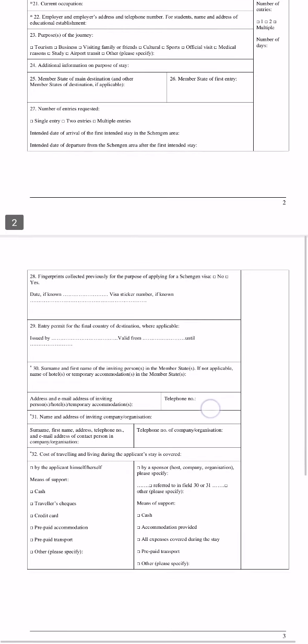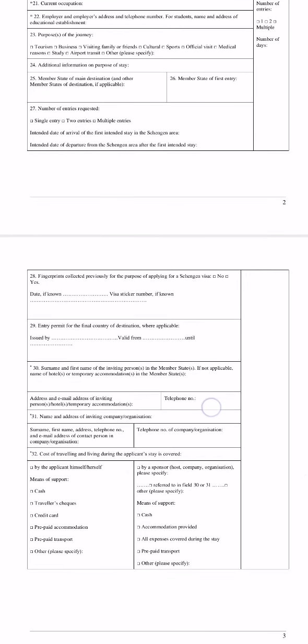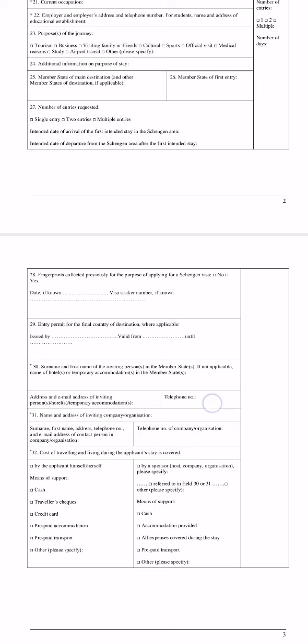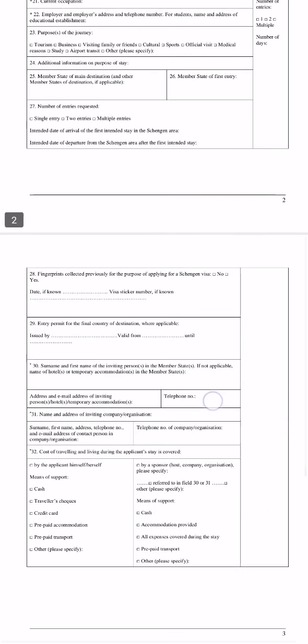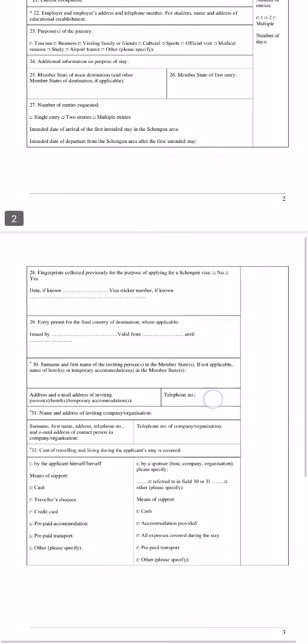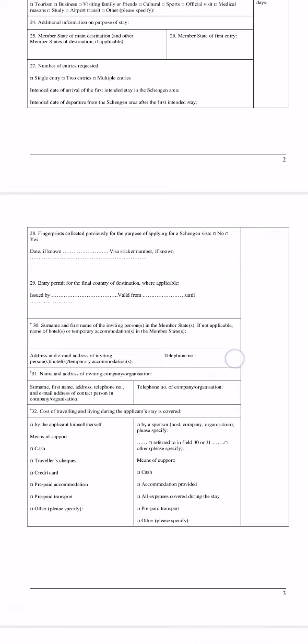Then question 28 says whether your fingerprints were collected previously for the purpose of applying for a Schengen visa. You have to go to a center to get a fingerprint, and your fingerprint will be attached to this application form. So they will ask you, is your fingerprint attached, no or yes?